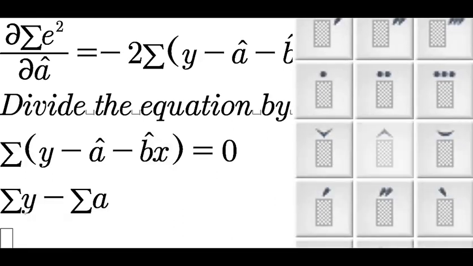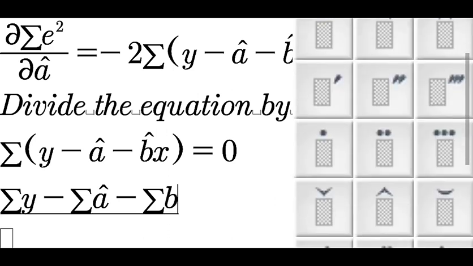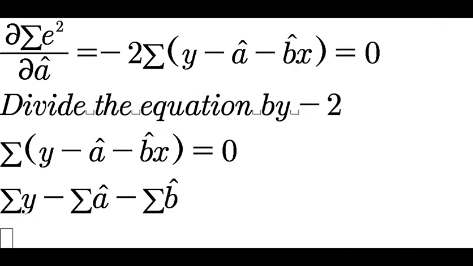Summation times minus beta hat x gives minus summation beta hat x. Well, we can say summation x beta hat or summation beta hat x; they are symmetrical in mathematics.